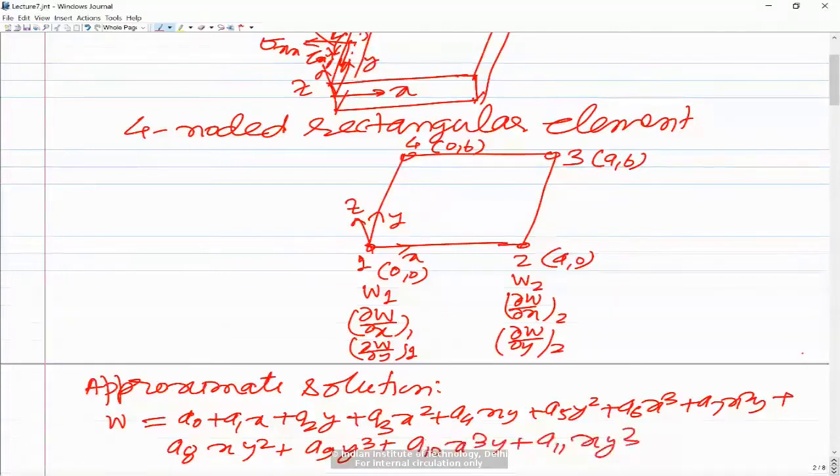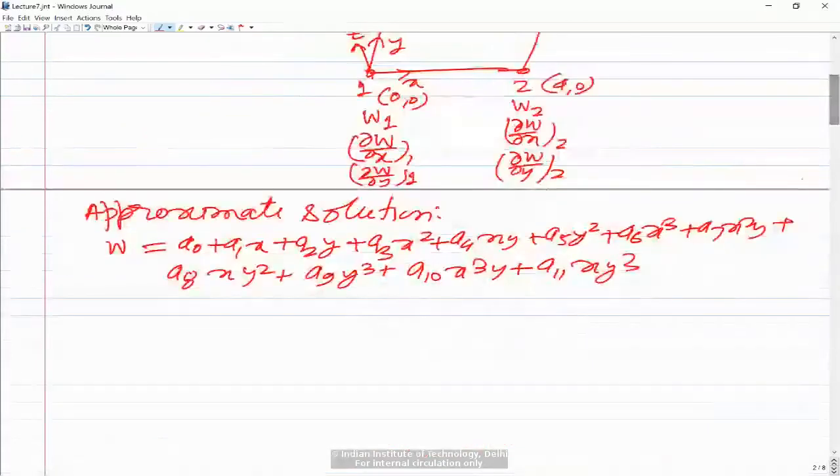This is the solution based on the Pascal triangle I had discussed. This is where we stopped in the last class.